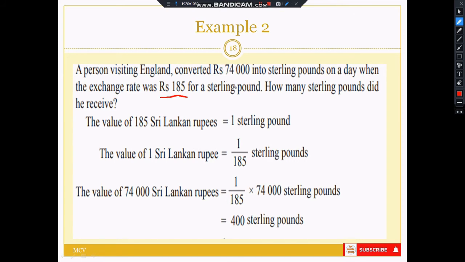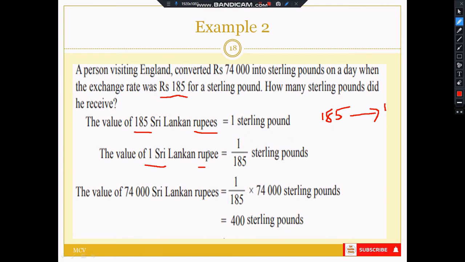We want 74,000 rupees. Before getting to 74,000 rupees, if we know 185 rupees is 1 sterling pound, using that you can find 1 rupee. How to find 1 rupee? 185 rupees is equal to 1 sterling pound.